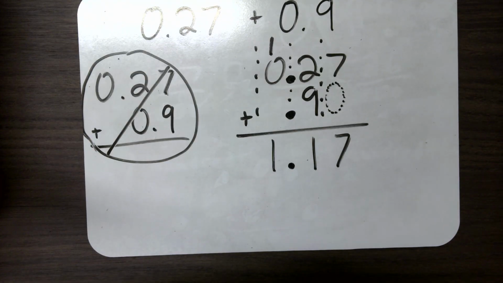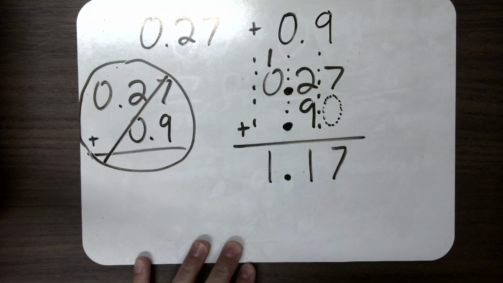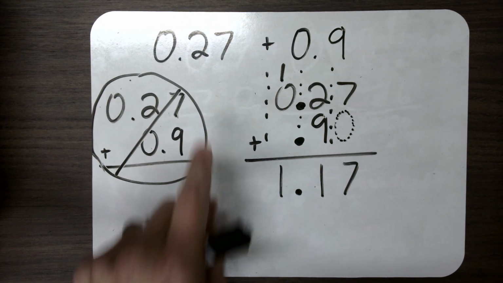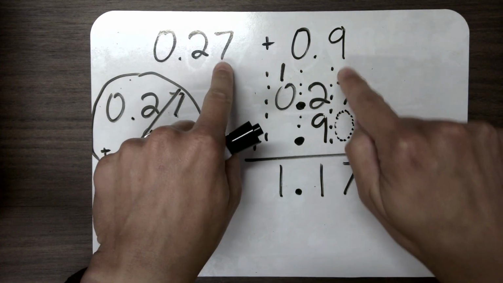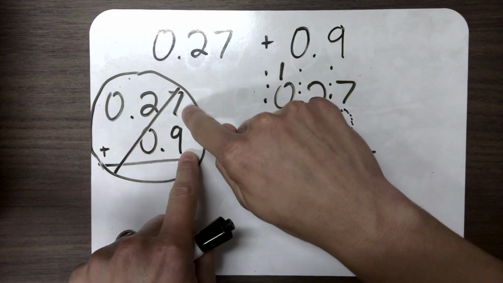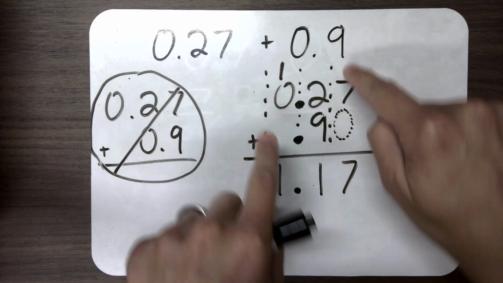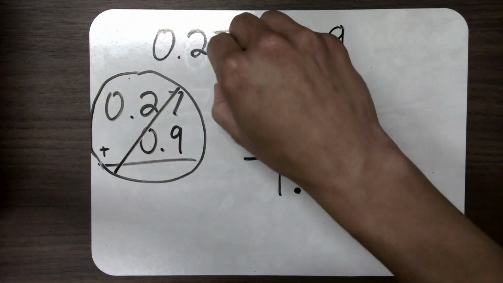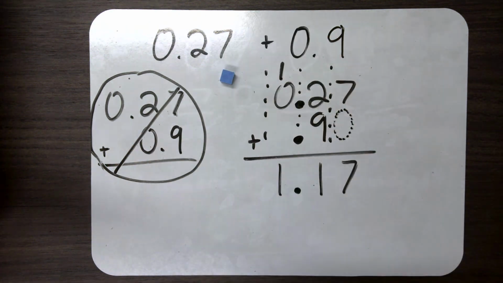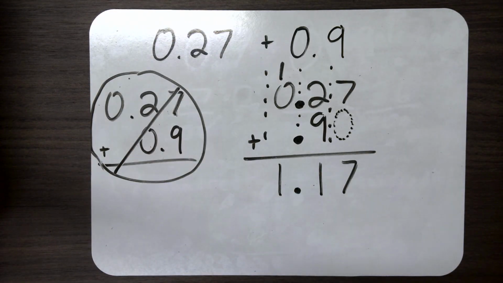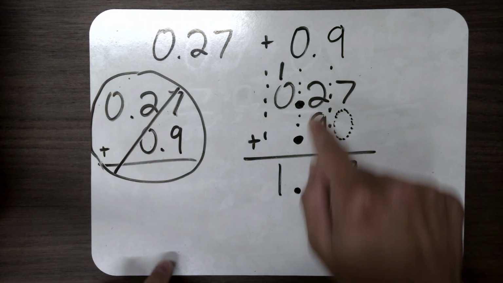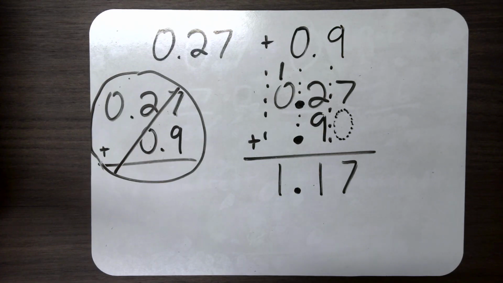So again, concrete model: base 10 blocks, common with the place value mat, especially when we have unlike denominators, so we can really highlight that the 7 and the 9 should not be added together because those are hundredths, which are these smaller pieces, and these are tenths, which are the larger pieces. Representation will be drawings aligned with the base 10 blocks, and the abstract model we'll generally use is the standard algorithm.